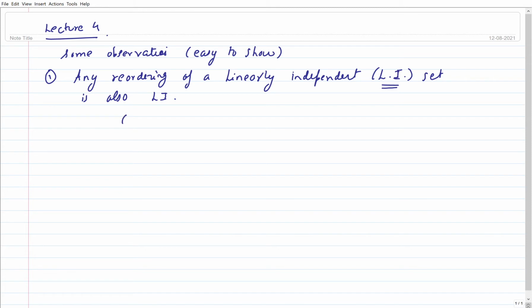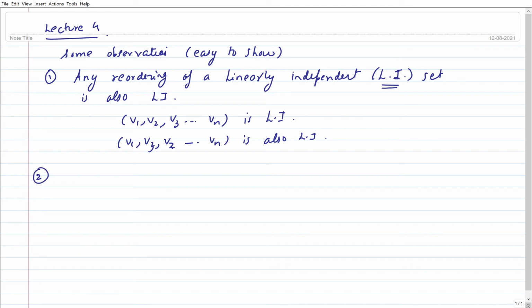That's pretty obvious. If V1, V2, V3, Vn is linearly independent, then of course V1, V3, V2, any sort of a reordering is also linearly independent.